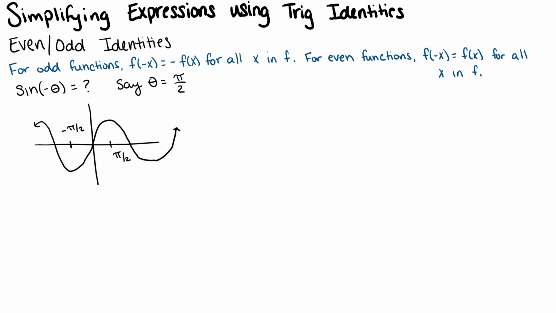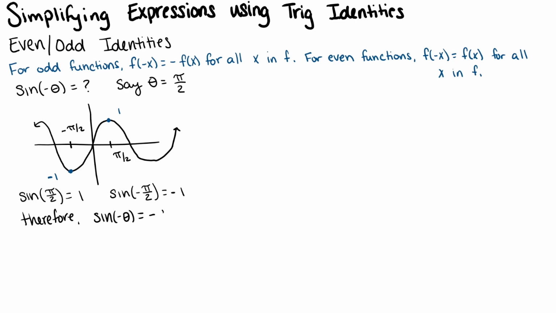Well, sine of pi over 2 would be right here and is a positive 1. And sine of negative pi over 2 is down here, which is a negative 1 value. Which means that sine is an odd function, and we can generalize this and say that the sine of negative theta is equal to the negative sine of theta.